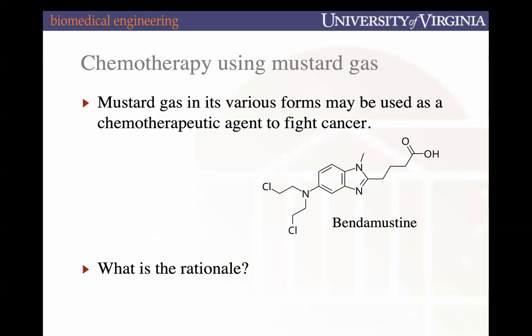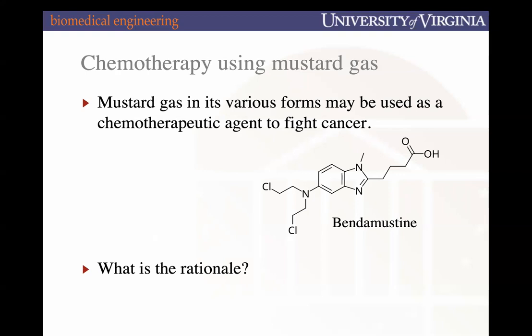And so because these double-stranded breaks are quite problematic, some have considered using mustard gas as a chemotherapy to fight cancer. Because it will be able to target and halt replication in cancer cells, it was, again, considered to be a chemotherapeutic agent.